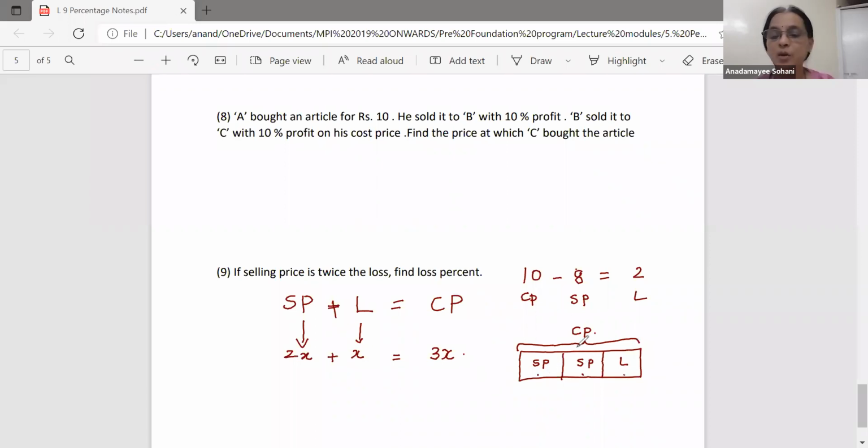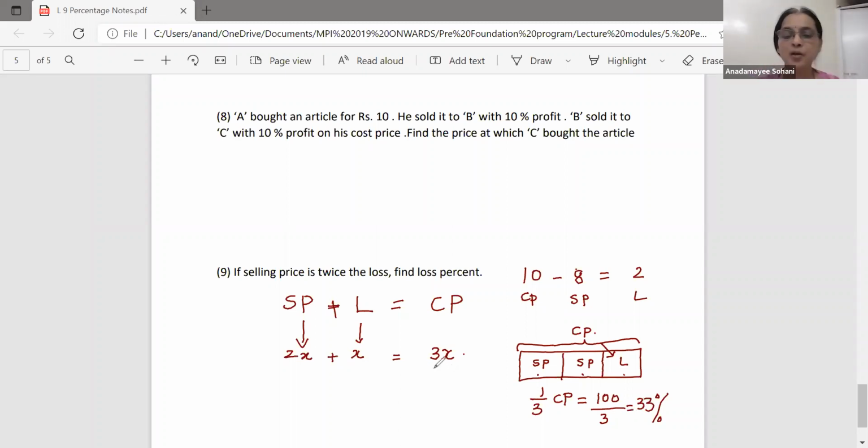I have made 3 compartments of the cost price. And so this compartment is what percent of cost price? Is it 1/3 of the cost price? 1/3 of the cost price is 100 upon 3, that is 33%. So if you master this train concept, your answers will come very fast.